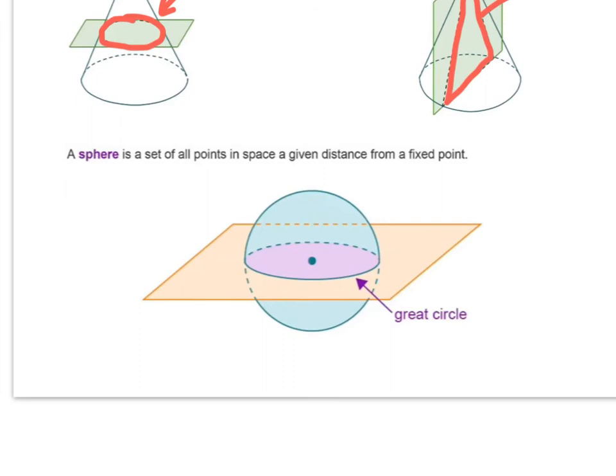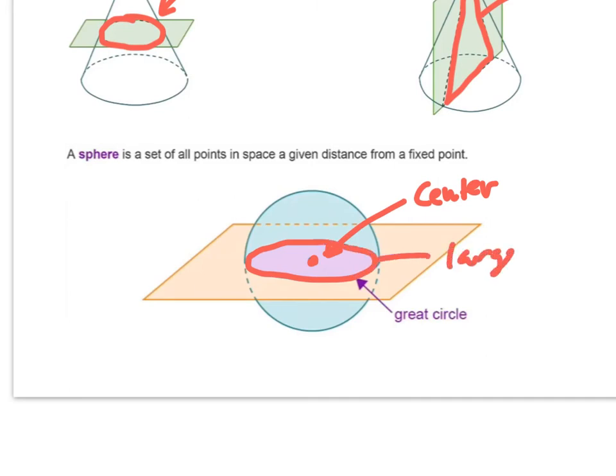So you have this center, and you have this great circle, and this is the largest cross section you can get. If you were to do any sort of cross section on a sphere, you would get a circle, but the one where you have the great circle is the one with the largest cross section. So kind of a cool thing.